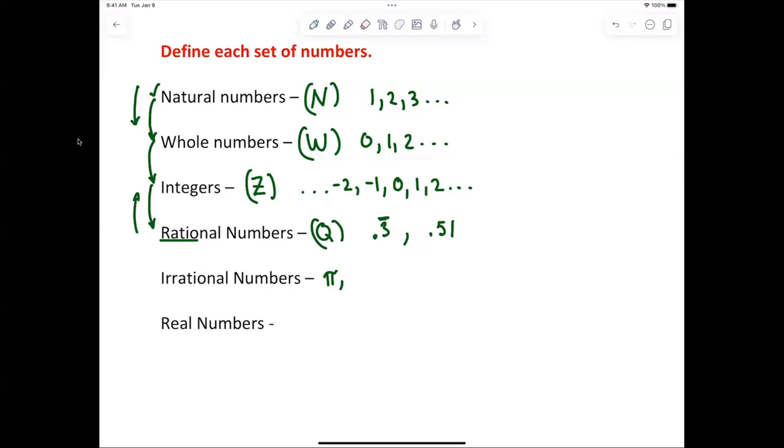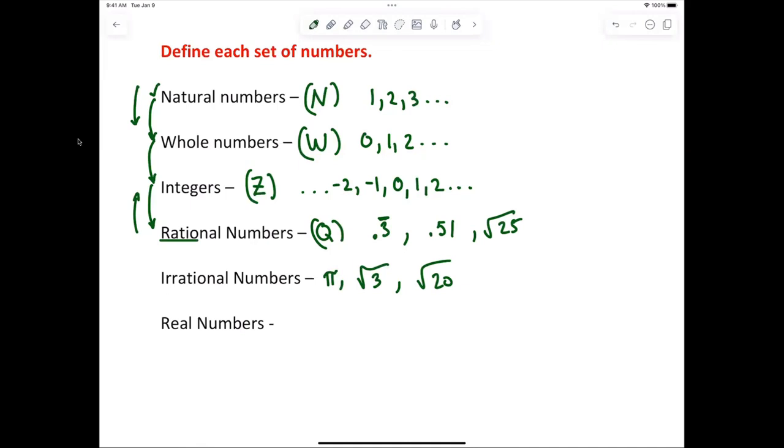Does anybody else know what irrational could be? Square root of what specifically? A non-perfect square. So if I said the square root of 3, that's irrational. Square root of 20 would be irrational. But the square root of 25 would be considered rational because the square root of 25 is 5, and 5 can be written as 5/1.